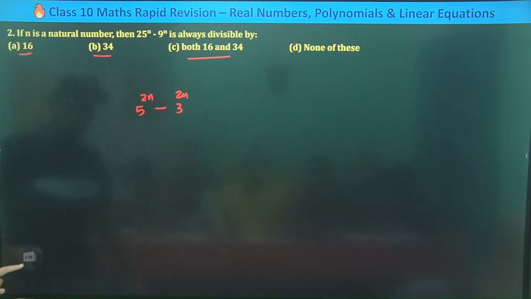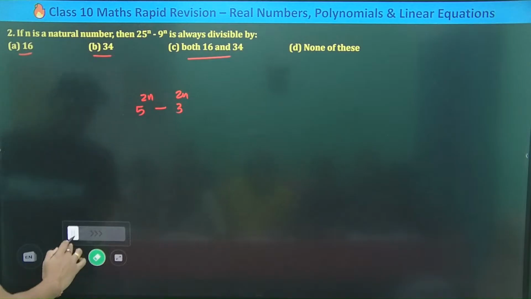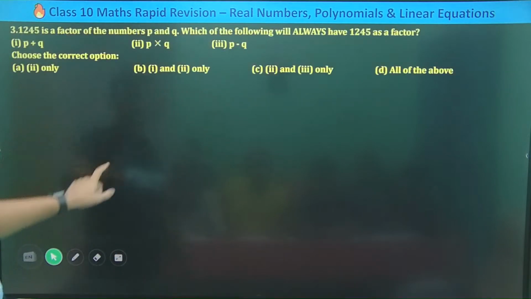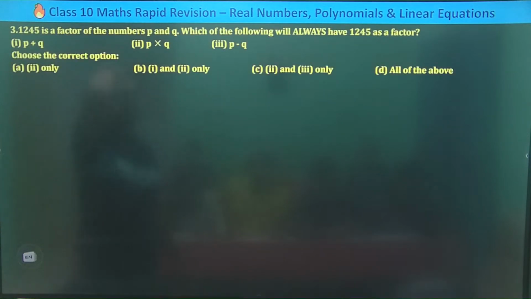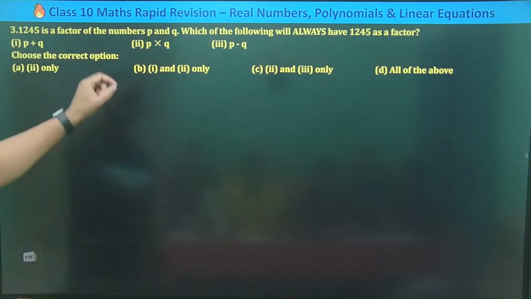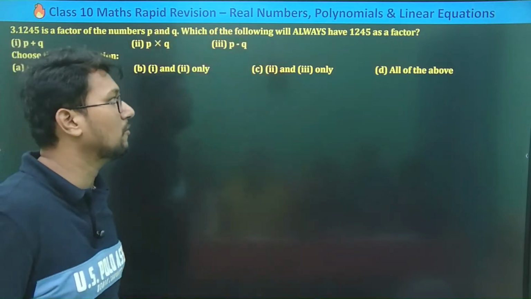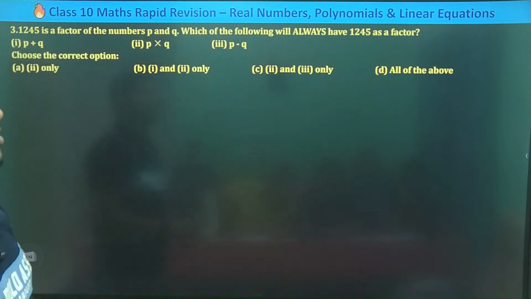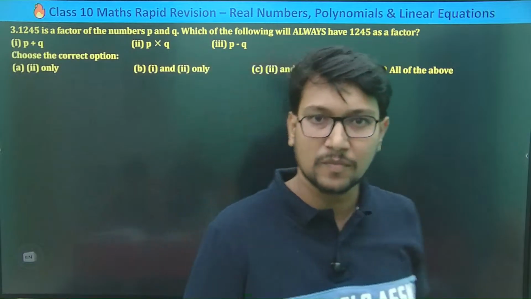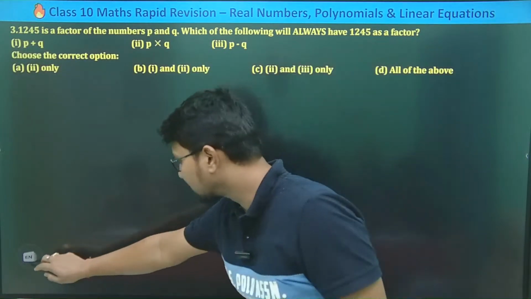Okay. Next question. Are you ready for the next question? Now this question, tell me. 1, 2, 4, 5 is a factor of the numbers P and Q. Which of the following always has 1, 2, 4, 5 as a factor? Look at the question carefully.